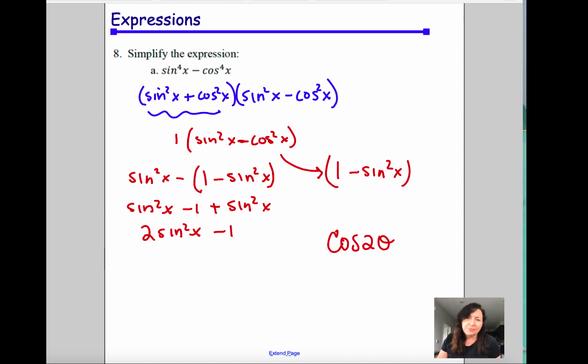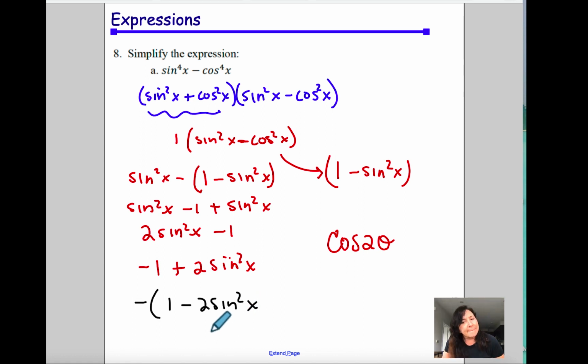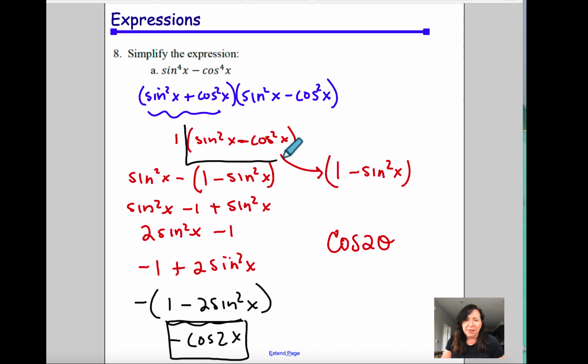And doing that, I would go -1 plus 2 sine squared of x. So if I factored out a negative sign, I would get 1 minus 2 sine squared of x. And this right here is my double angle identity. So cosine of 2 theta or 2x, and this is negative. So, is that any better than this right here?